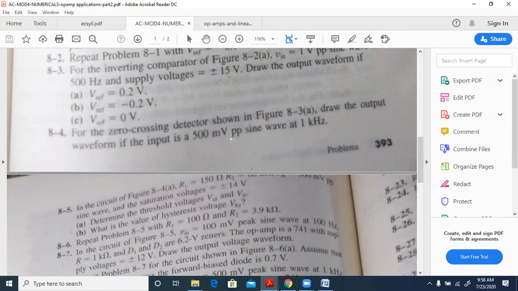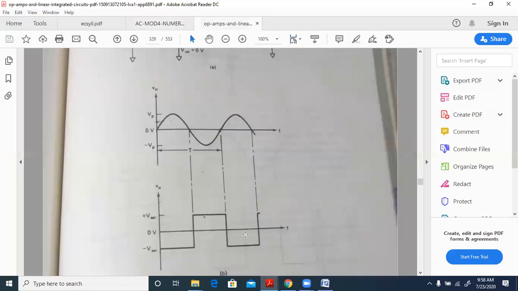For the positive portion of the sine wave, the output will be minus V reference. For the negative portion of the sine wave, output will be plus V reference. That is what is shown over here.